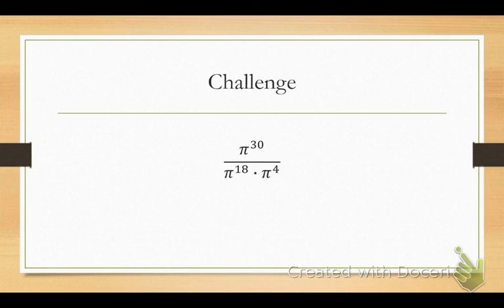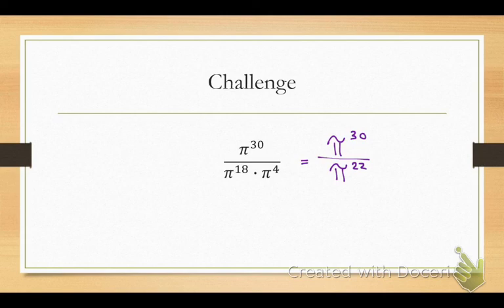Is there something I would want to simplify? Micah? You have to add 18 and 4. Yep, and what do you get? You get pi to the 22nd power, and then pi to the 30th is still on top. When you divide powers, do they have the same base?